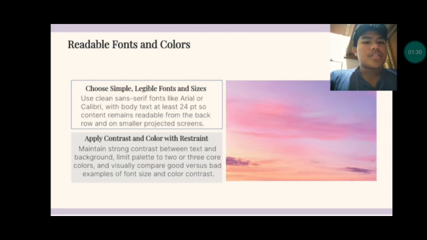Next is readable fonts and colors. Choose simple legible fonts and sizes. Use clean sans serif fonts like Arial or Calibri, with body text at least 24 points, so content remains readable from the back row and on smaller projected screens.